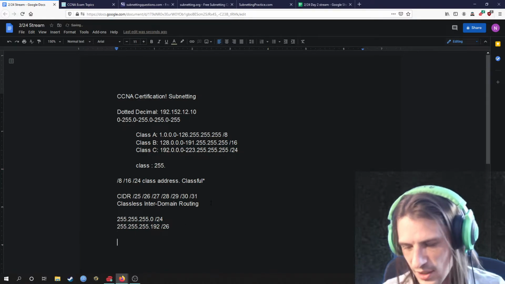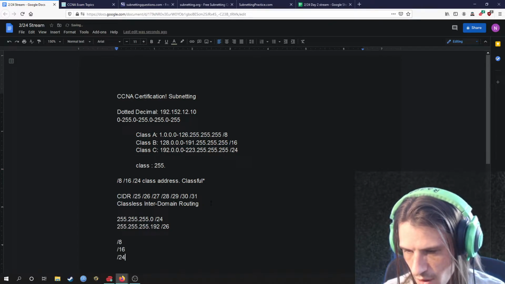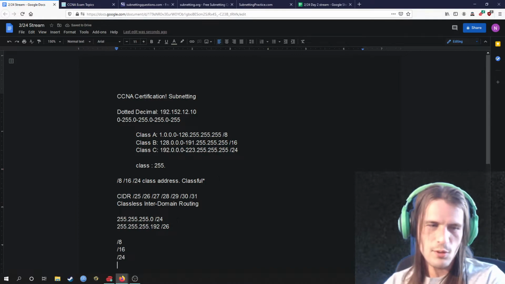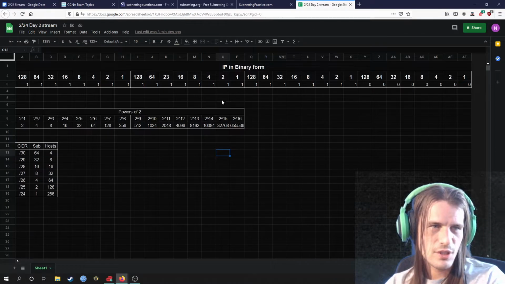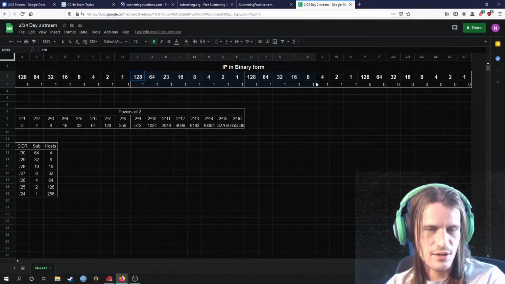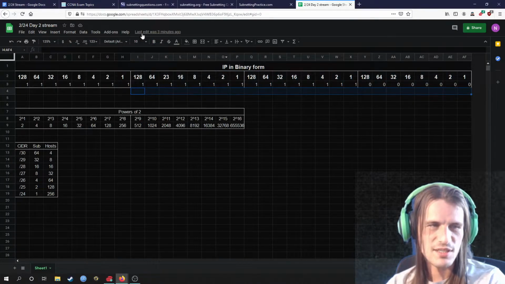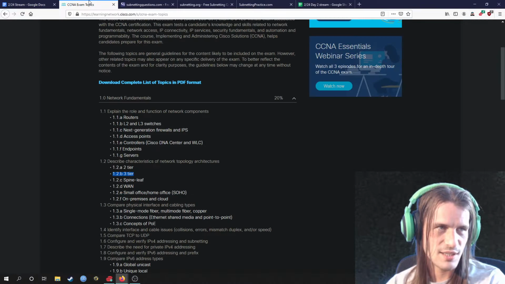So just really quick, let's talk about the defaults again. A /8, if we're only using the first 8 as the network side, that means there's 24 bits that make up the host side. That means there's going to be so many IP addresses within that subnet.